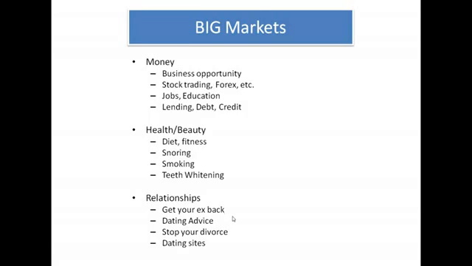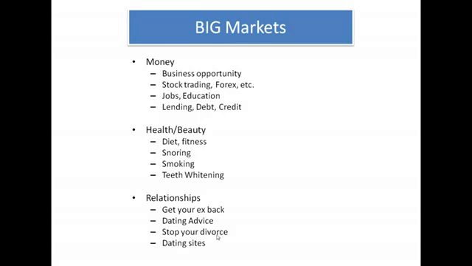Some of you may be familiar with the Double Your Dating brand. That's a huge info product brand. It's all about dating advice and relationships. Huge business. There's other examples as well. There's this market about Get Your Ex Back. There's definitely several info products out there about this. Stop Your Divorce, the same kind of idea.